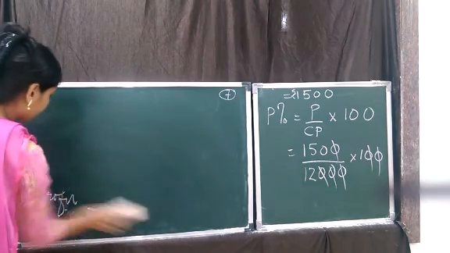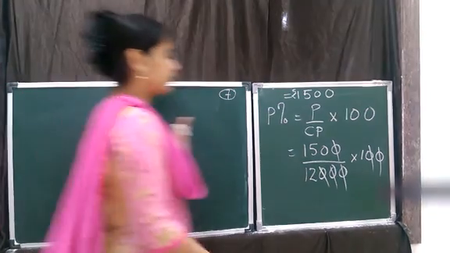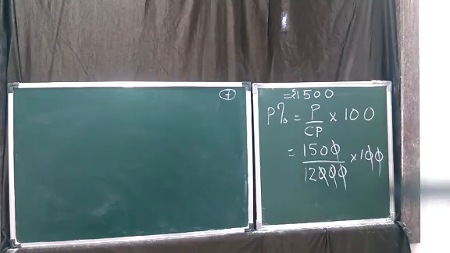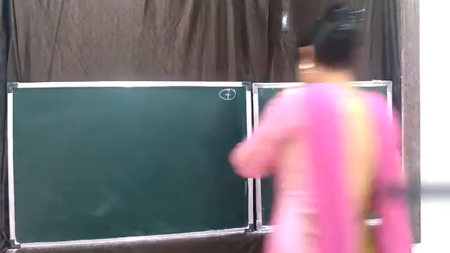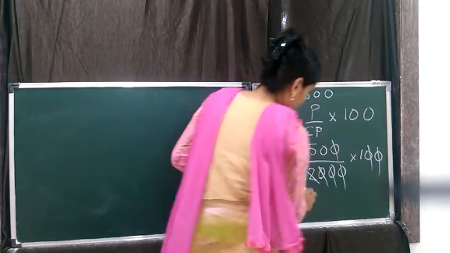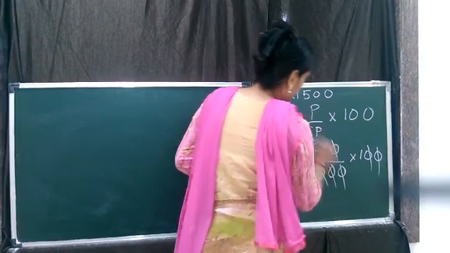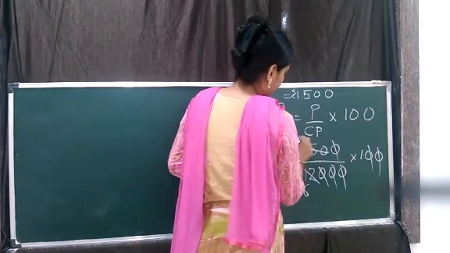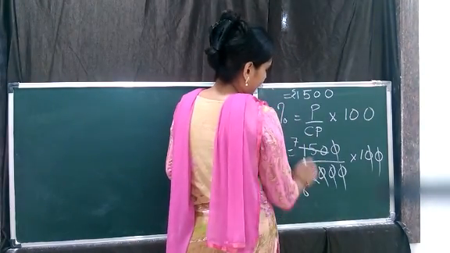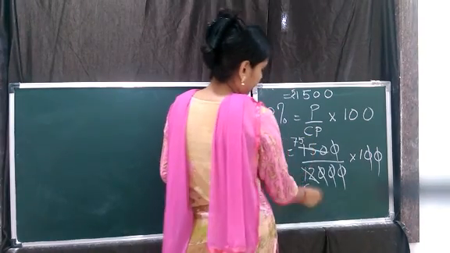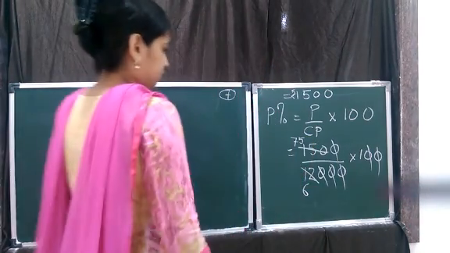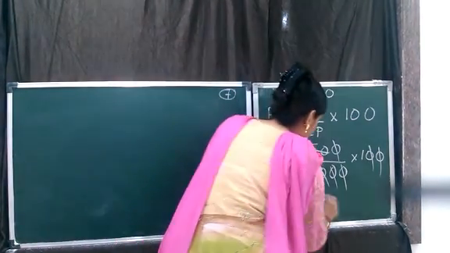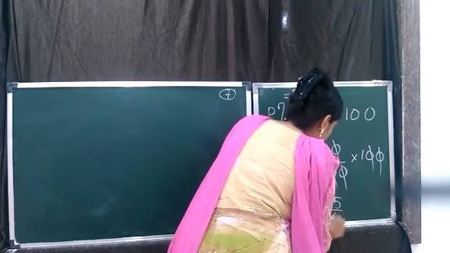First let's make it into its simpler form, means they both will be divided by 2. 2 6s are 12, 2 7s are 14, 5. So 75 and 6 is left. 75 by 6.